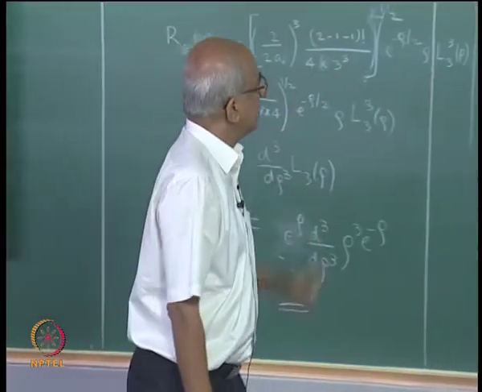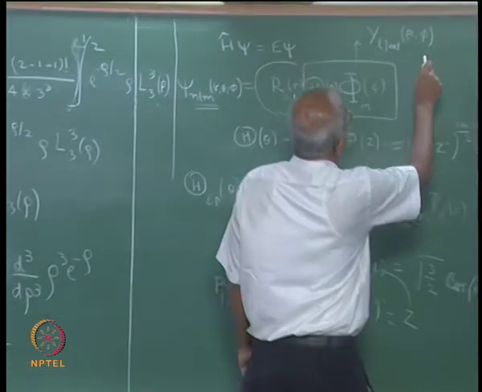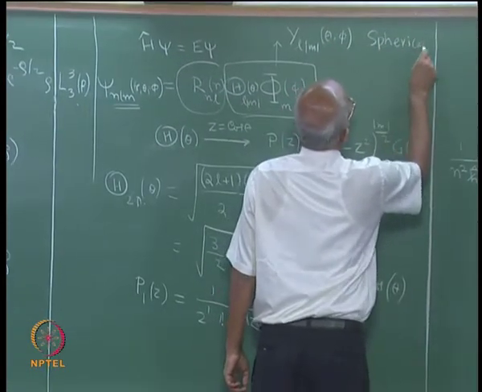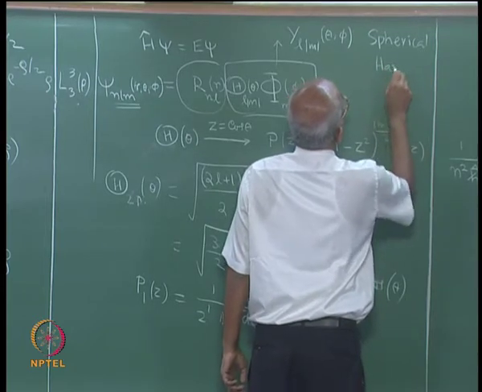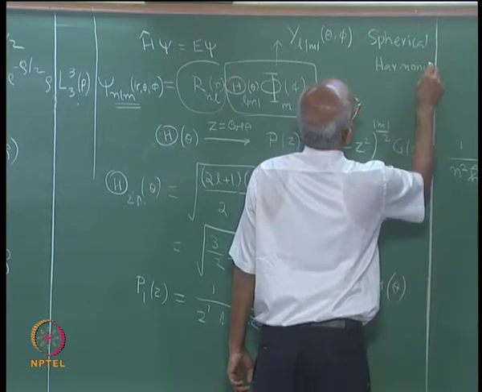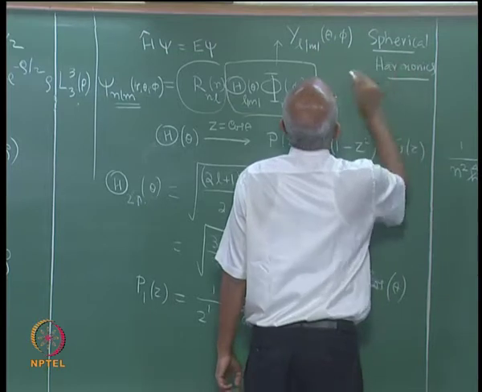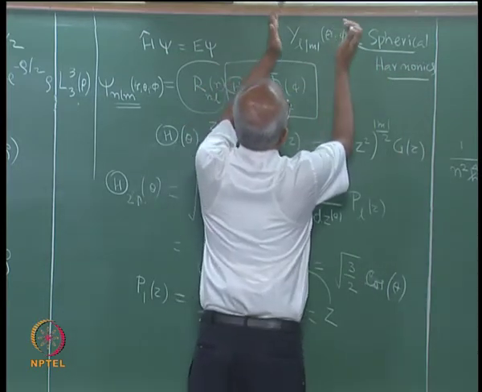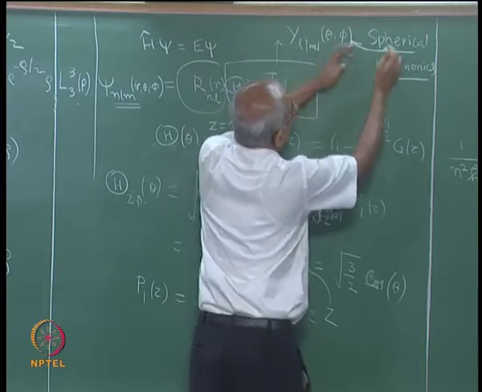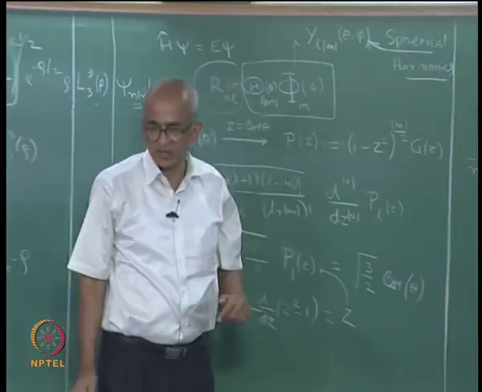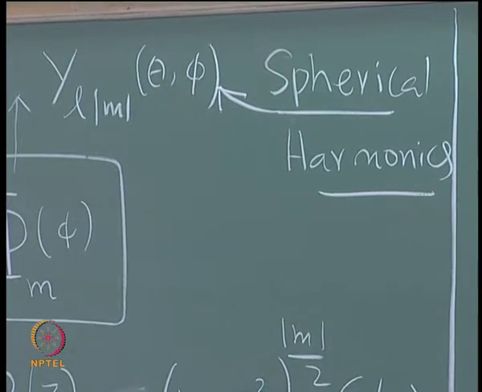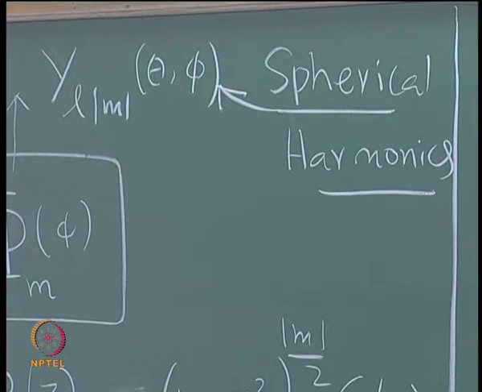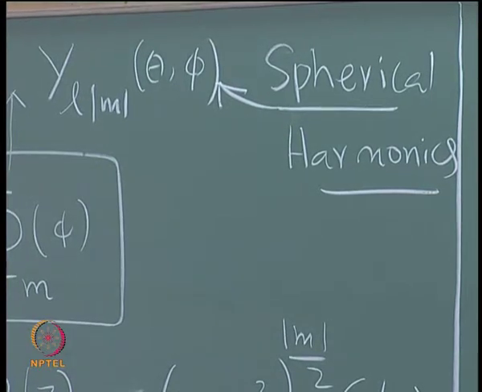These functions are known as spherical harmonics. These two together are denoted as capital Y and they are known as spherical harmonics. So, let us look at the wave functions one by one.